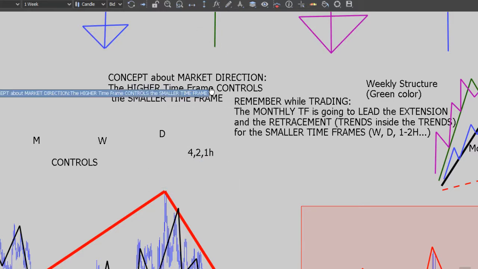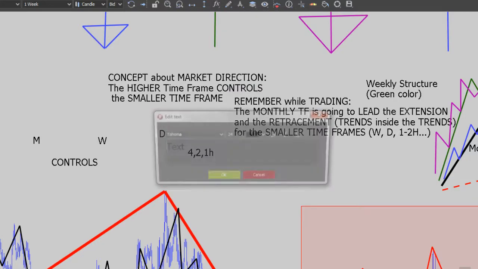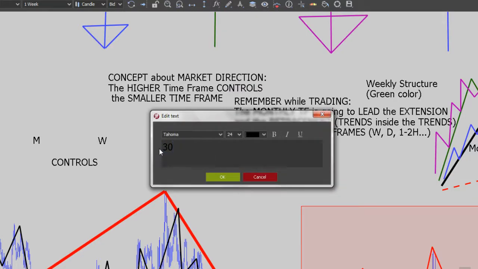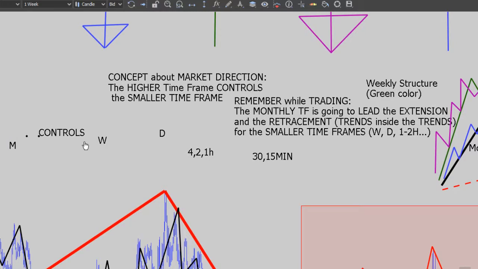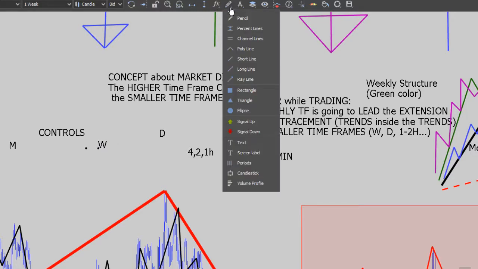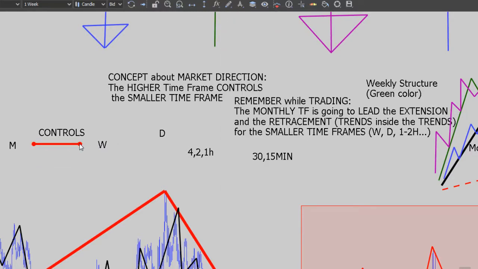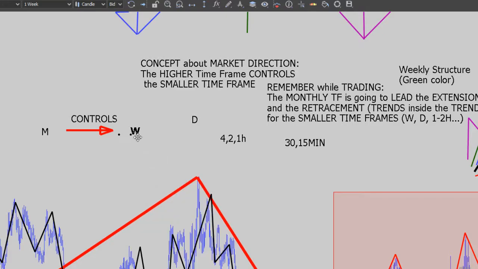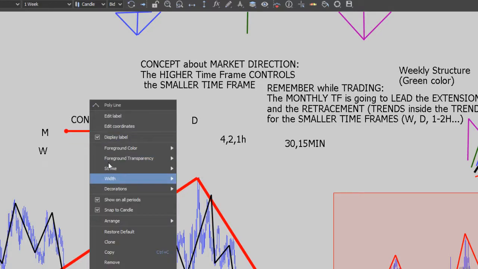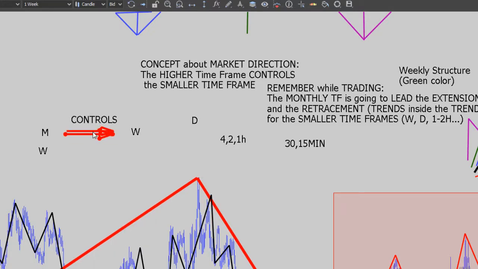We're talking about trading right now, and the last one you have the 30/15 minutes. Okay, so when we're talking about trading, everybody, the monthly controls the weekly chart. I'm talking about trading, not about analyzing the market. Okay, now the weekly controls the daily chart.